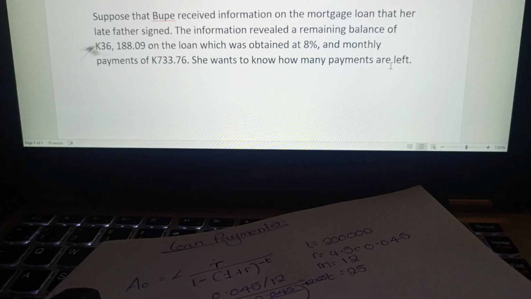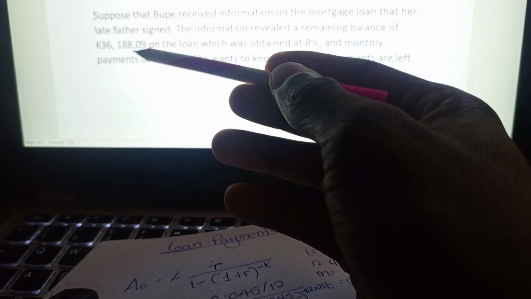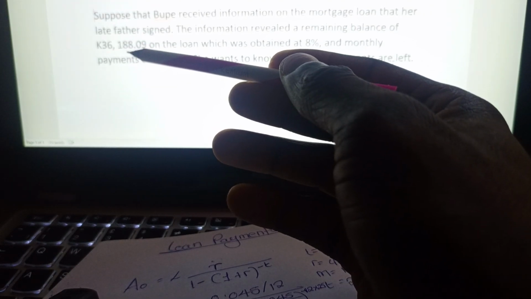We are now going to solve this question, though it requires a little bit of thinking, but don't get discouraged. The process might seem tiresome, but that's the journey of school. So the information reveals the remaining balance. This was the amount that remained after a loan was borrowed.